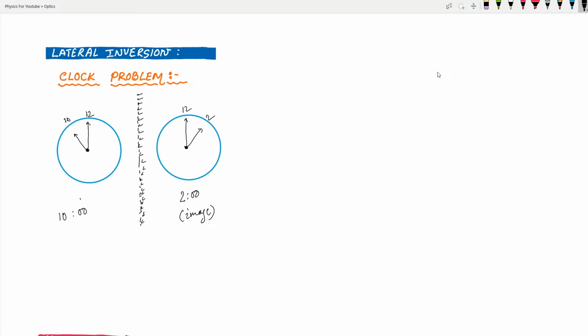I hope this much is clear, but they will never ask a question like this. They will give you a complicated one. So how to solve in those cases? The technique is very easy and simple. The first technique is to subtract the object value from 12.